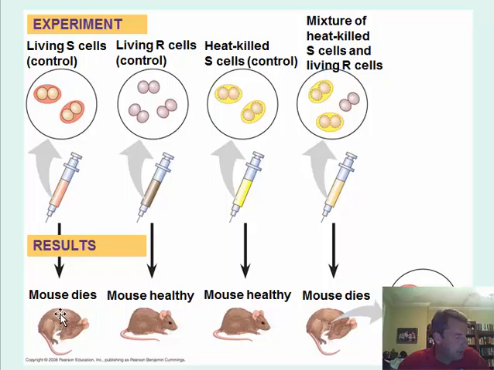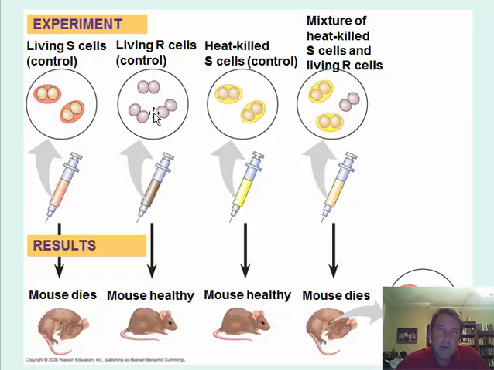The mouse would die there, and here's a non-pathogenic strain of that bacteria injected into the mouse. The mouse did not die. And then these S cells, these pathogenic cells, were heat killed, where they would no longer be alive to cause the symptoms to kill the mouse.